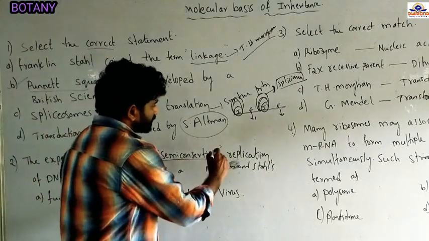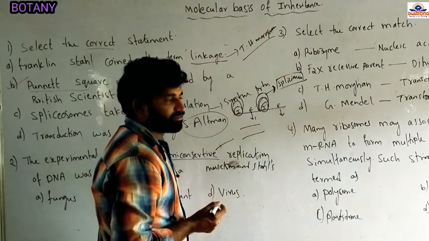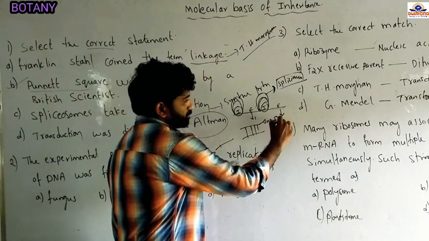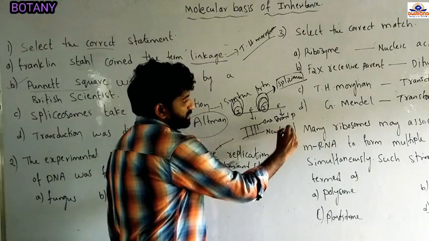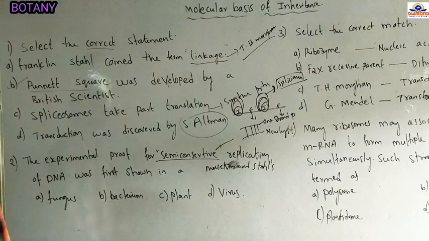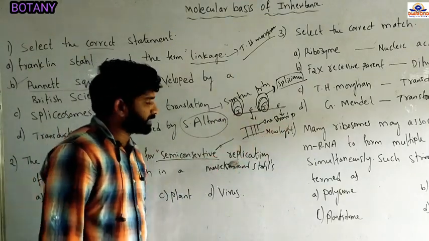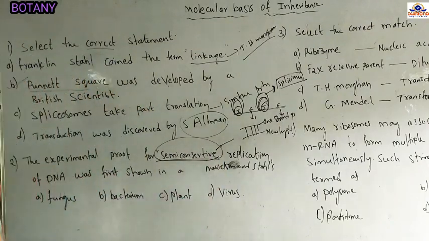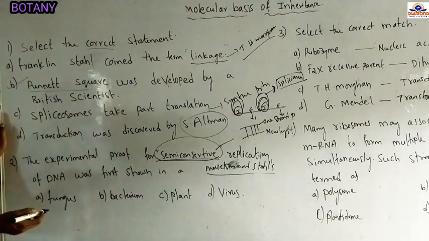In any fragment of DNA, out of the two strands, one strand comes from the parent and the other is newly synthesized. That mechanism is called the semi-conservative mode of DNA replication. It was explained by Meselson and Stahl in Escherichia coli bacteria.